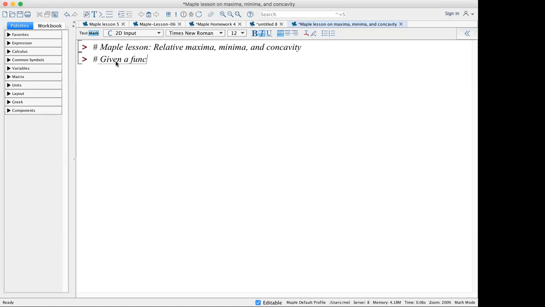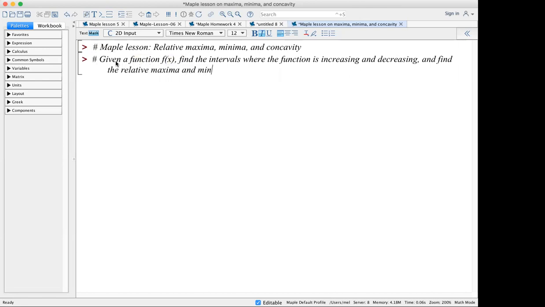Given a function f of x, find the intervals where the function is increasing and decreasing, and find the relative maxima and minima.